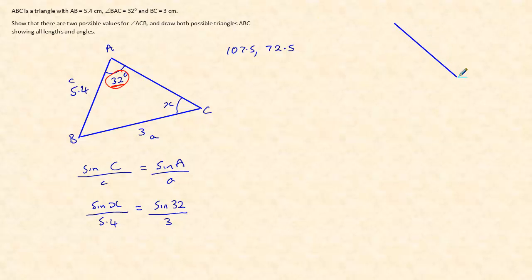So we have one triangle with the obtuse angle just here. And so this one here is 107.5. We know that this angle up here is 32. And this side is 5.4.